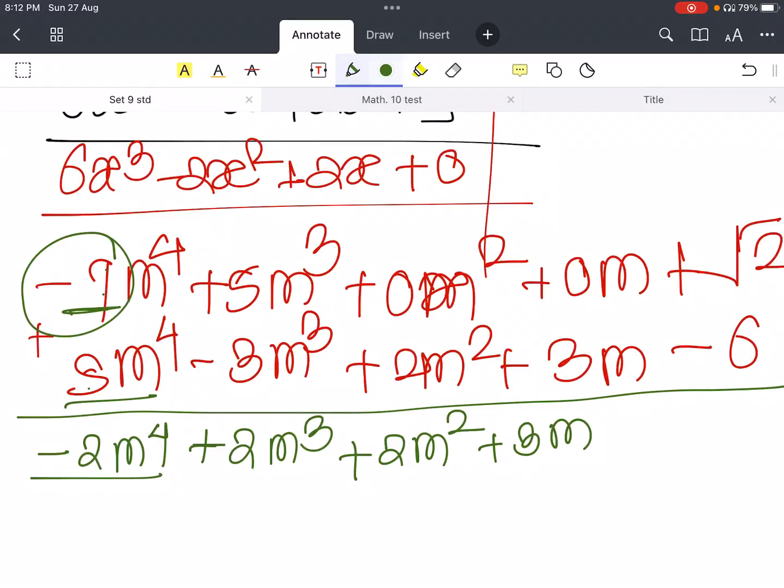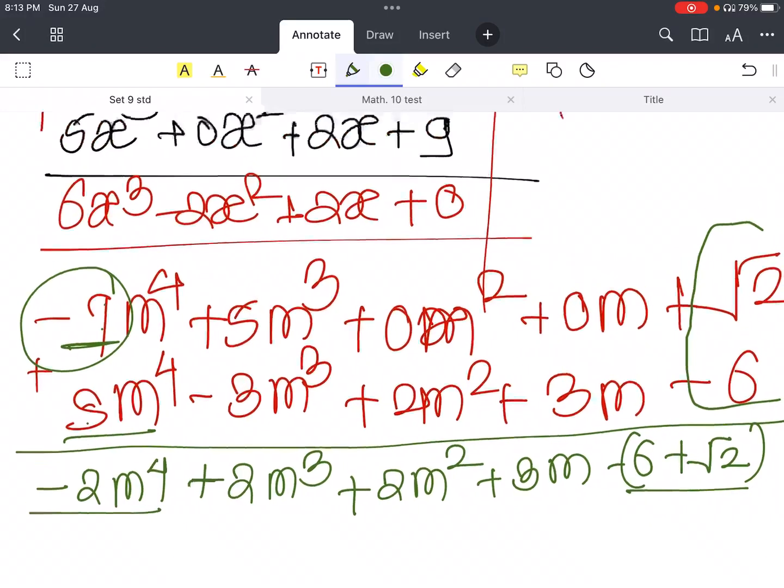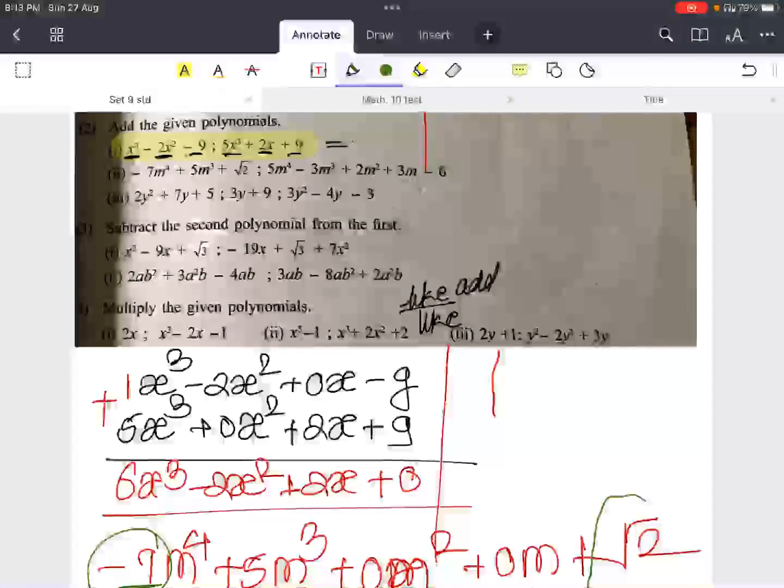Now one term is in a square root and the other is a whole number, so simply write minus 6 plus root 2. These two are constants or numbers, so we write them as they are. Likewise we add these two numbers, and this is your answer. Clear? Okay, let's move to the third question.